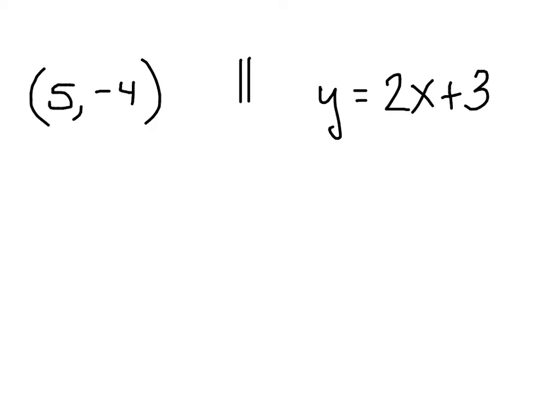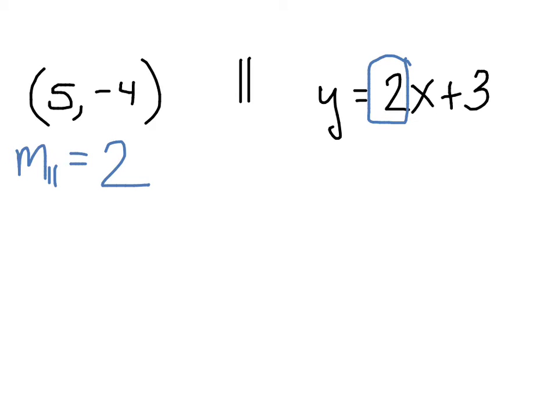What number is in the slope position? Just the 2. The x is a bonus part, but just the 2. When we're looking for the slope, we want the number that's in front of the x. So I know that the slope of the parallel is equal to 2.